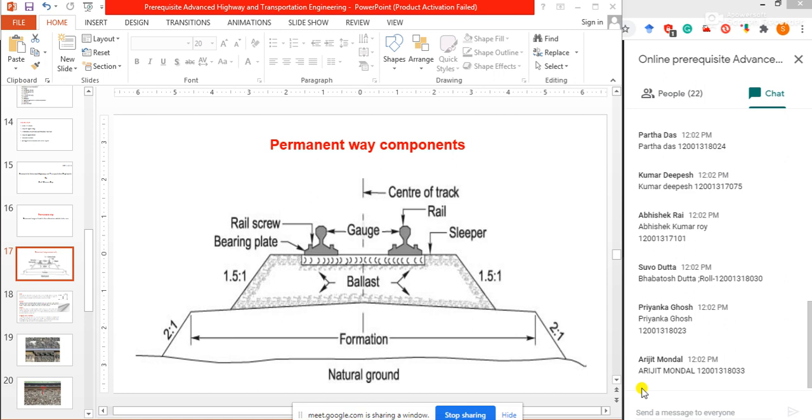In this figure, you can see the gauge, rail, sleeper, then bearing plate, ballast, formation. These components are present in the figure.